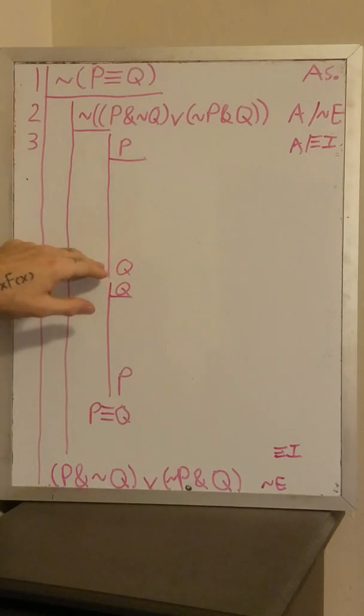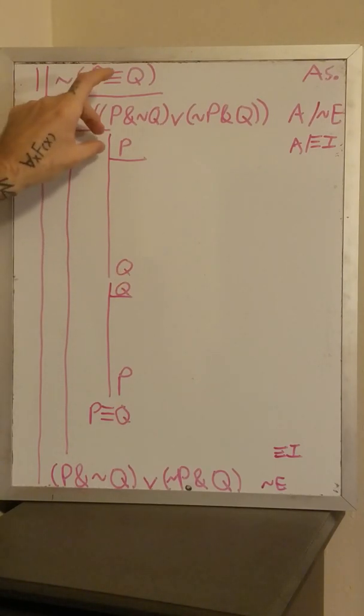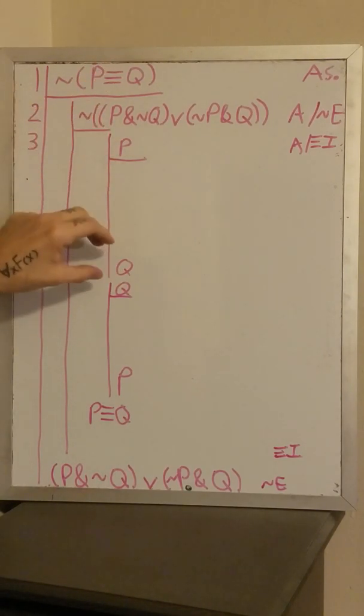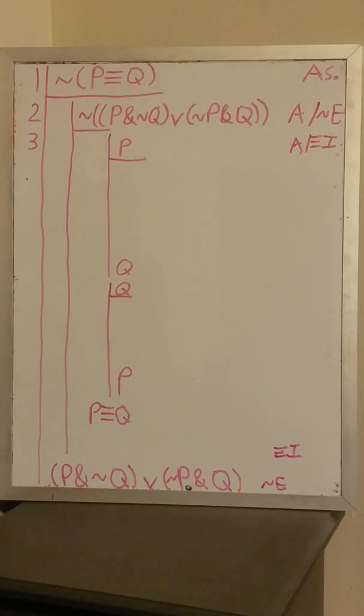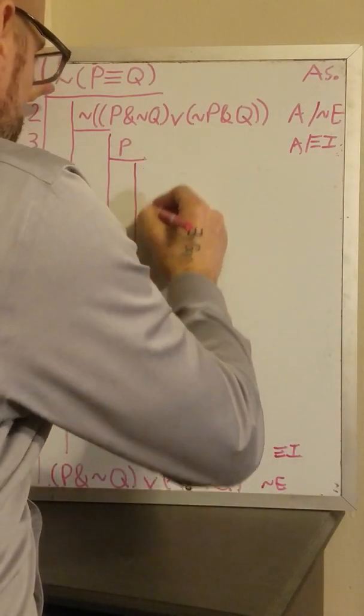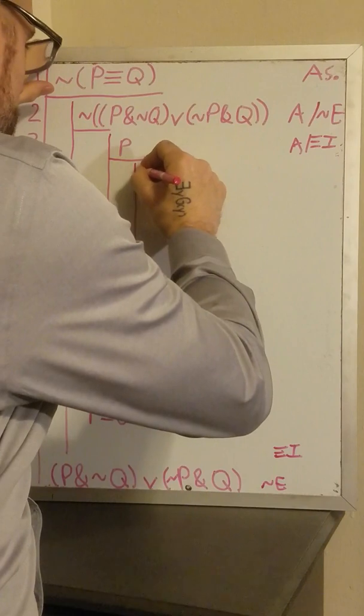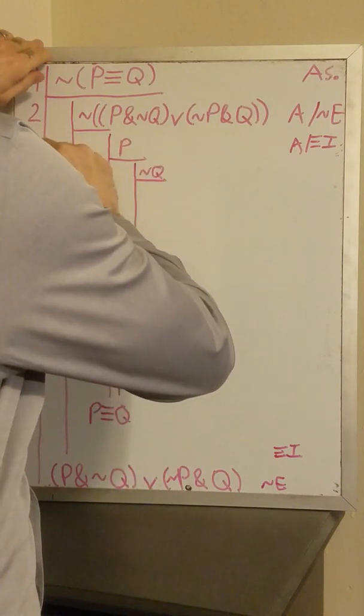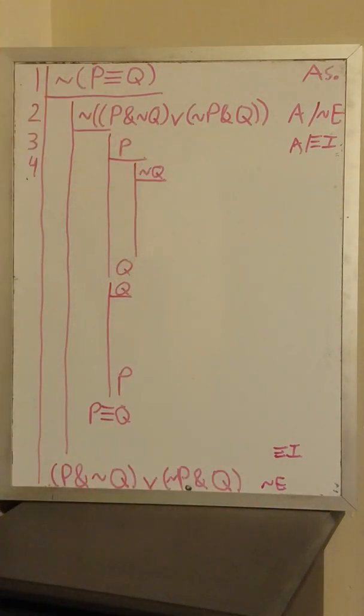We're going to assume not Q and see if, on the assumption of P, not Q will get us into some kind of contradiction. So not Q is being assumed for purposes of negation elimination.